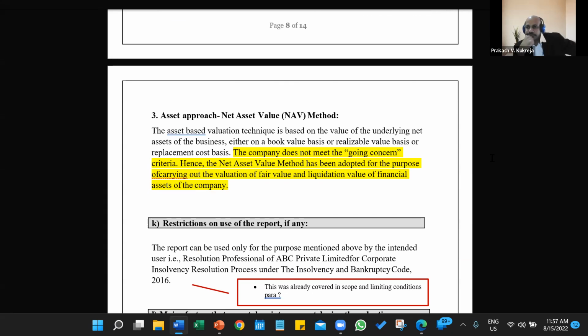Sir, just wanted to understand one thing. There are different kinds of purposes for which we are issuing the report. Many a time it happens that when we draw up a report for the first time, or due to not getting any reference report, some point might be skipped.